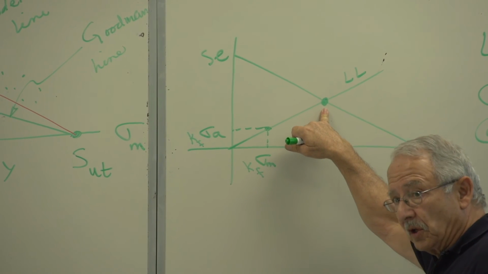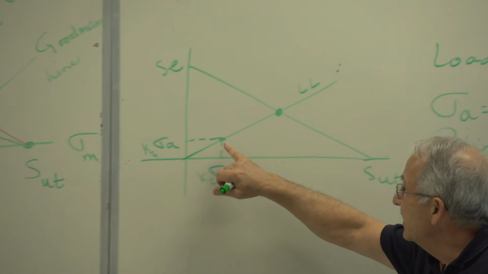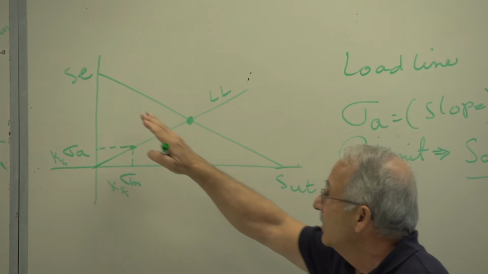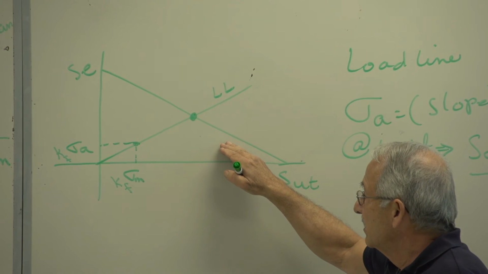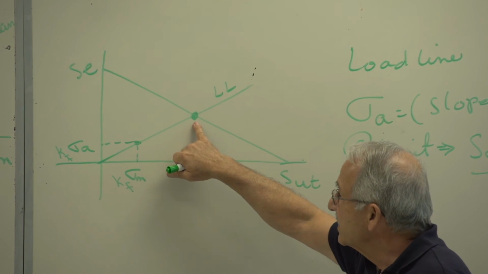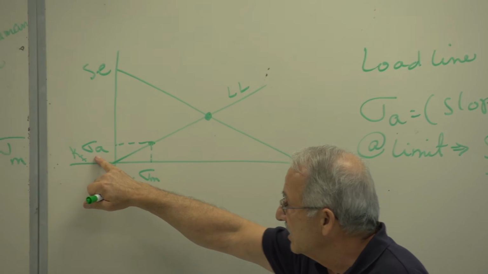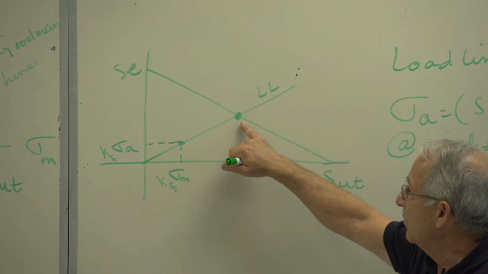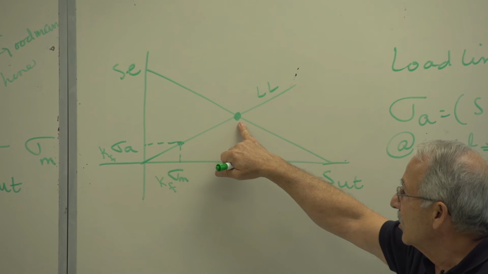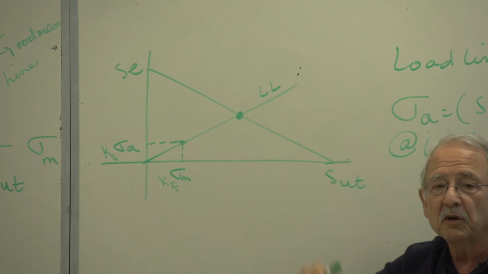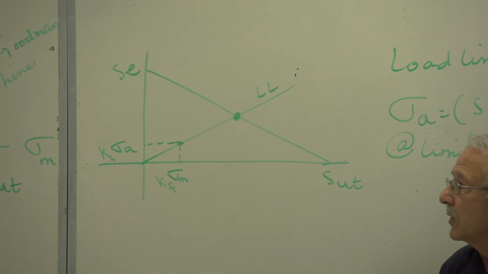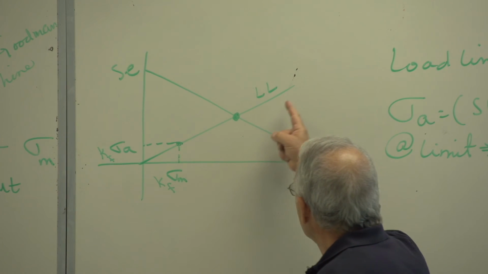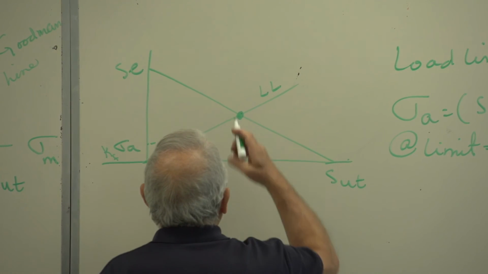The reason being that I want to solve the equation of that line and the equation of this line, both written for Sm and Sa, not sigma a and sigma m, so that when I find the coordinates of the cross section, it will be the values of Sa and Sm. So I'll write the equation of this load line like this.